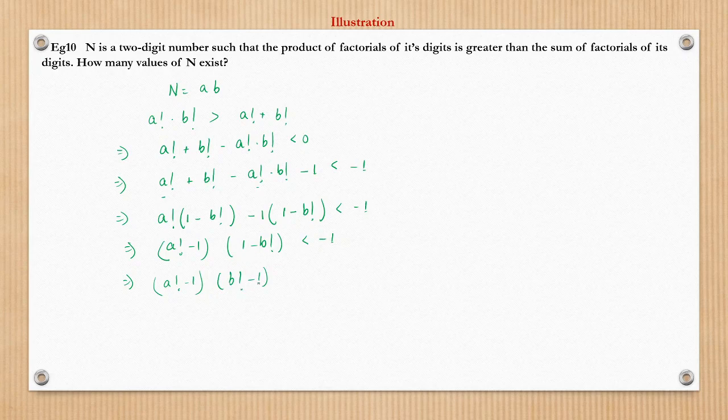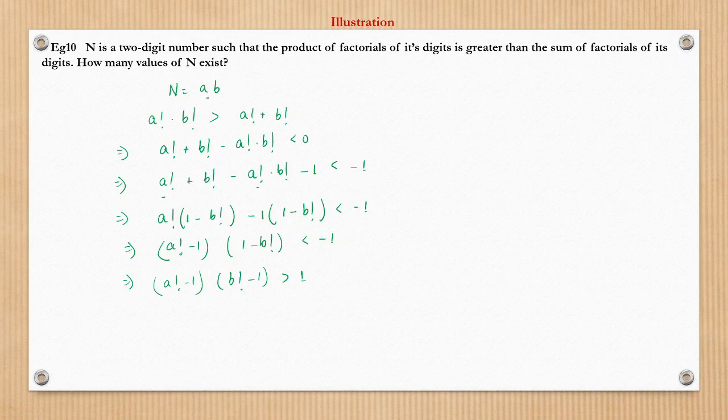I have taken minus 1 common, which goes to the other side, so it will reverse the direction, and it will be greater than 1. So now see here.